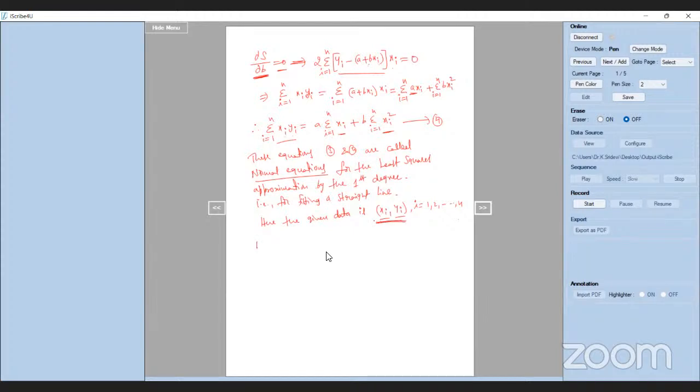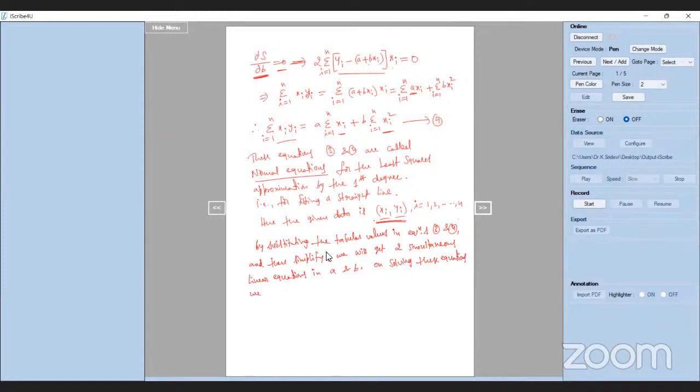The given data is this one, and by substituting the tabular values in equations 3 and 4, and then simplifying, we will get two simultaneous linear equations in two parameters, A and B. On solving these equations, we get the values of A and B.